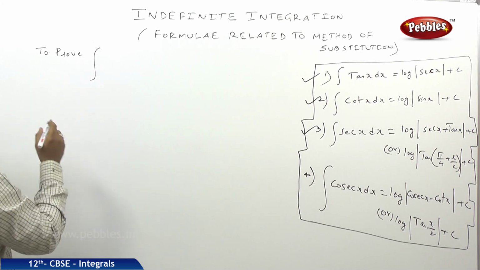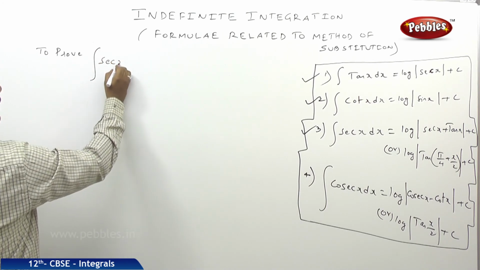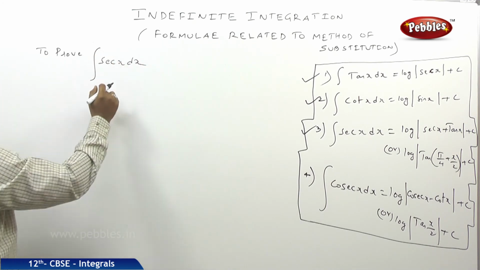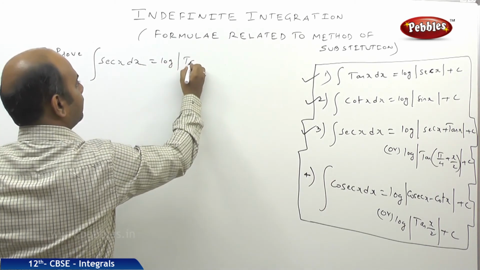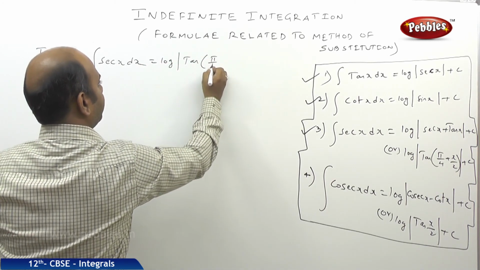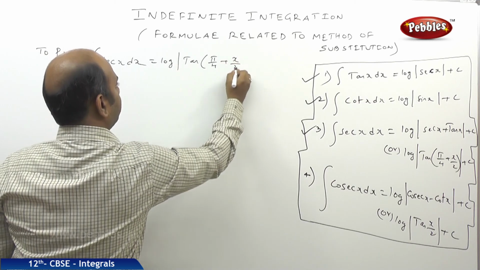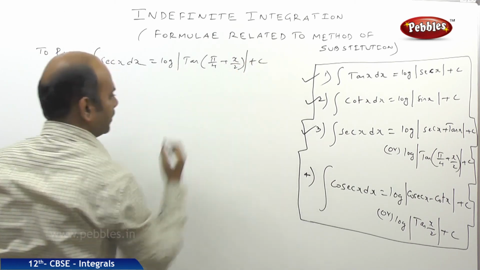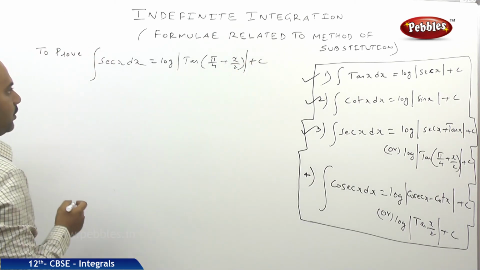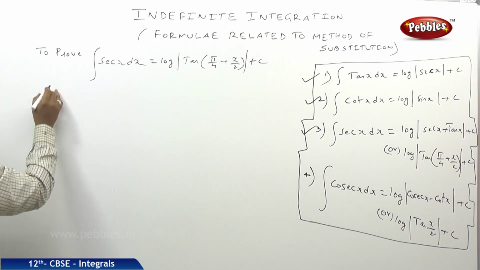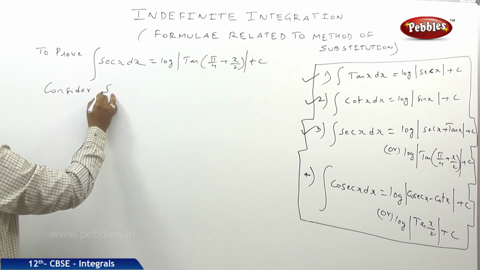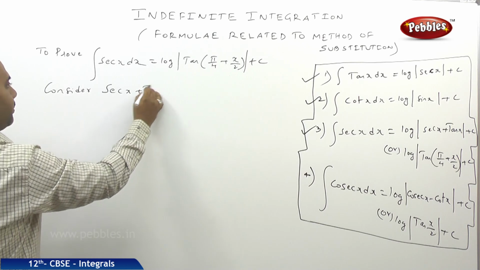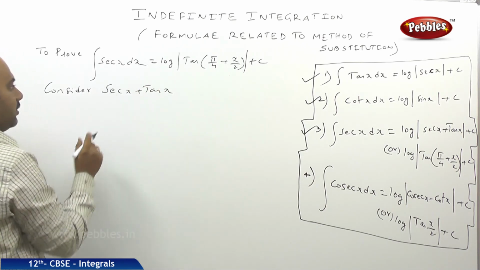Now we will prove the second one, the integral of secant x dx is equal to log mod tan of pi by 4 plus x by 2 plus c. For this I will consider secant x plus tan x for convenience.